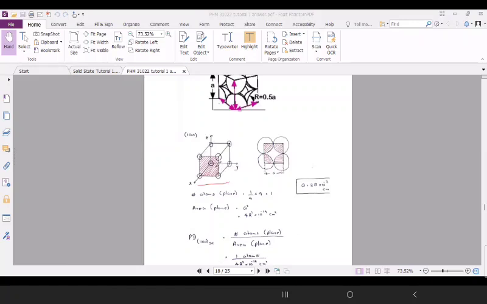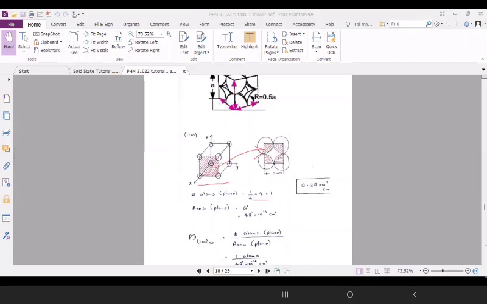After getting this detailed view of this particular plane, you can think about how many atoms are in this particular plane. As you all know, if it is a simple cubic, there are only 4 atoms in the edges. So using that idea, you have to get the number of atoms in this particular plane.